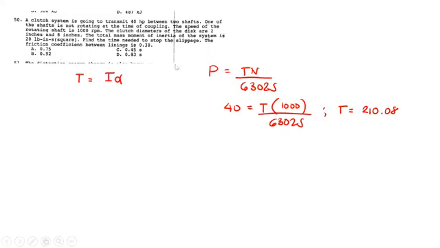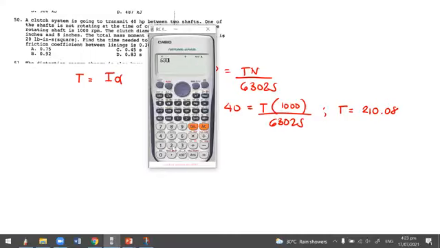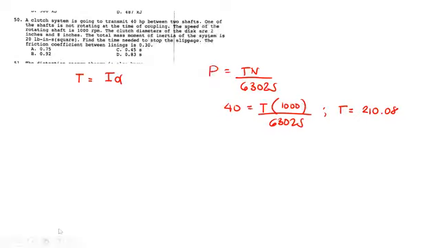So tama ba? Check ko. 63025 times 40 divided by 1,000, so 2521. 2521 inch-pounds. So yan na yung torque natin.